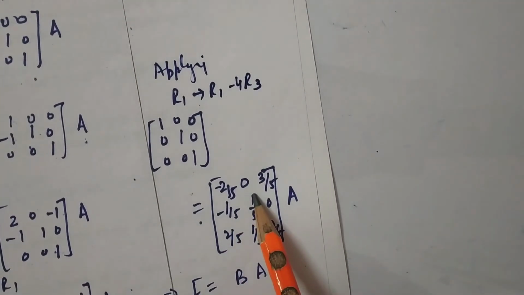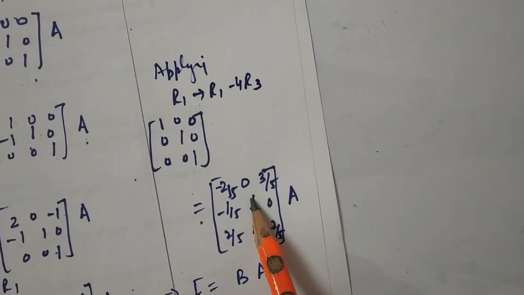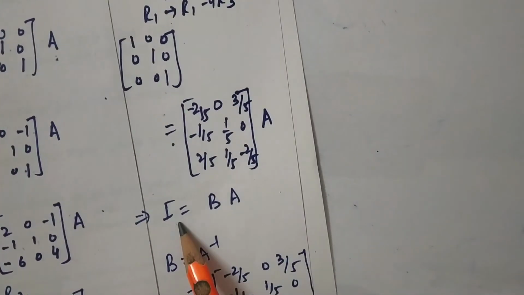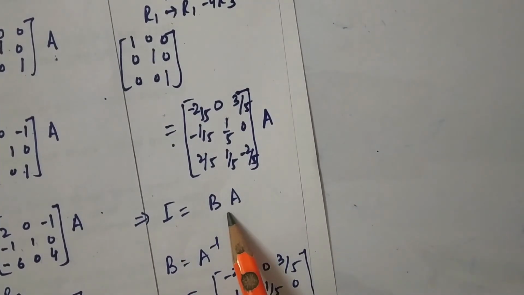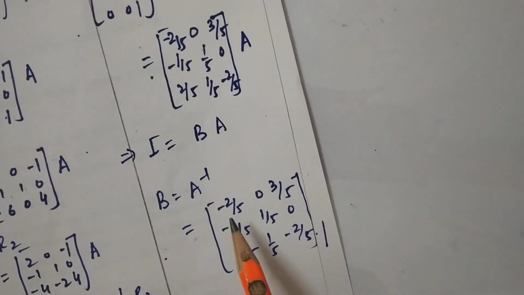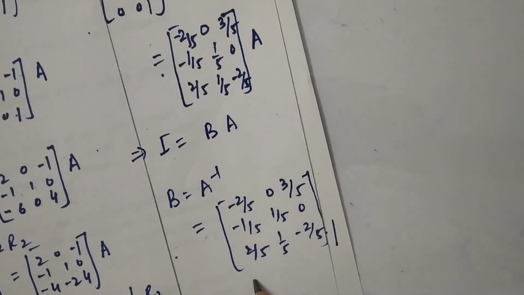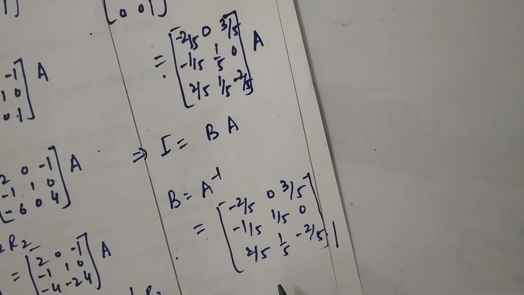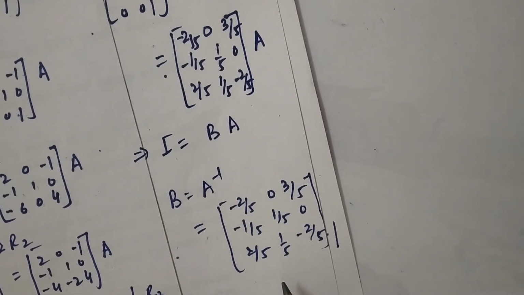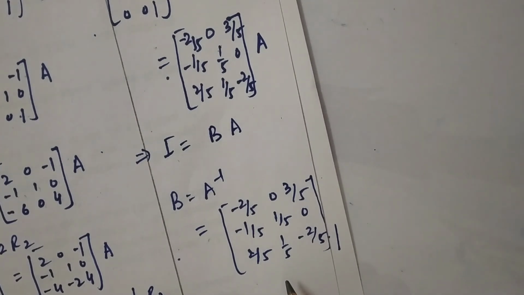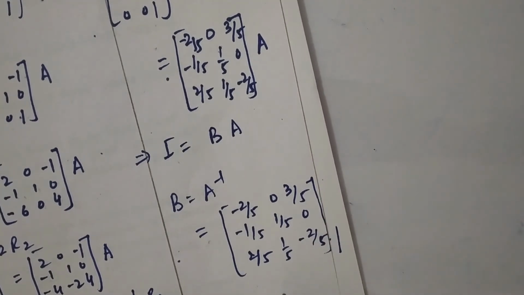On applying it I can see the change in R1 here, while R2 and R3 remain the same. Thus I obtained an identity matrix I such that I is equal to BA, where B is called A inverse, and this is the required matrix which was asked. Hope you have understood clearly now the elementary operations in 3 by 3 matrices as well.